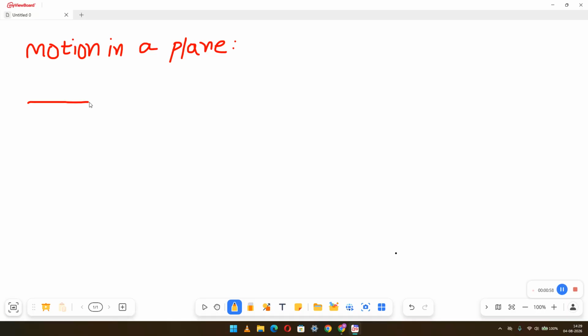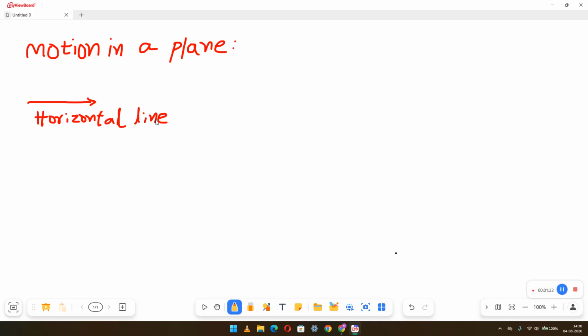This is a horizontal line. A person is walking on the floor.